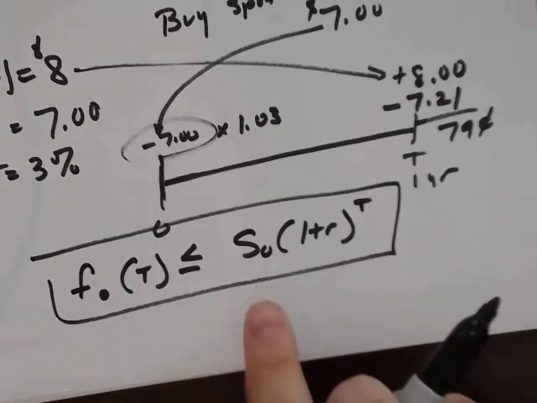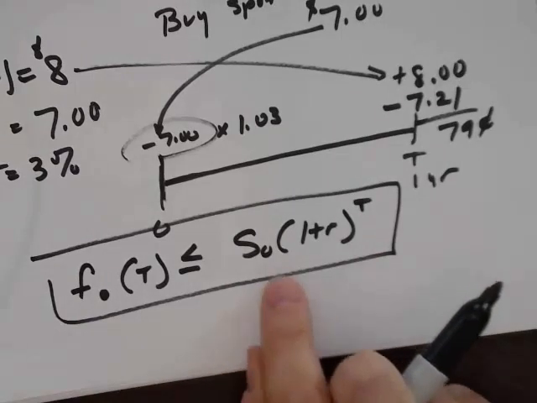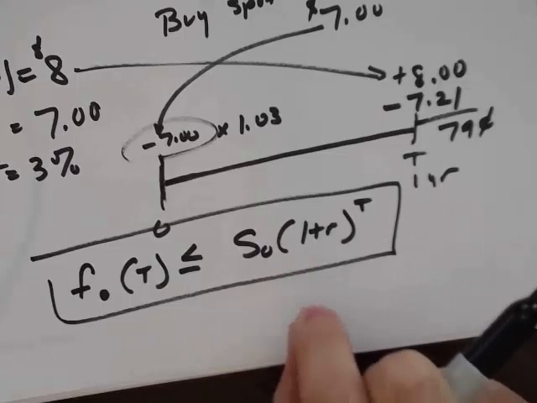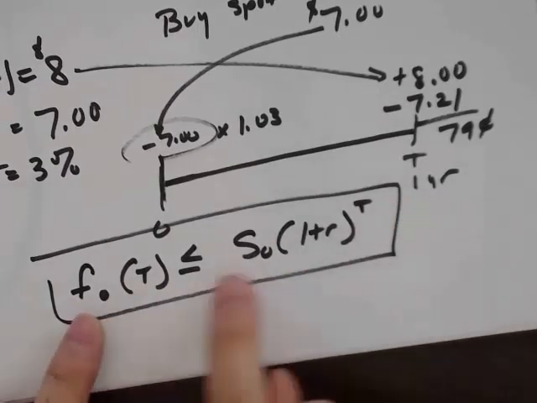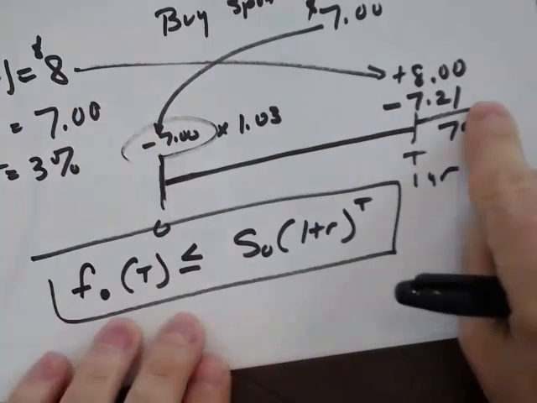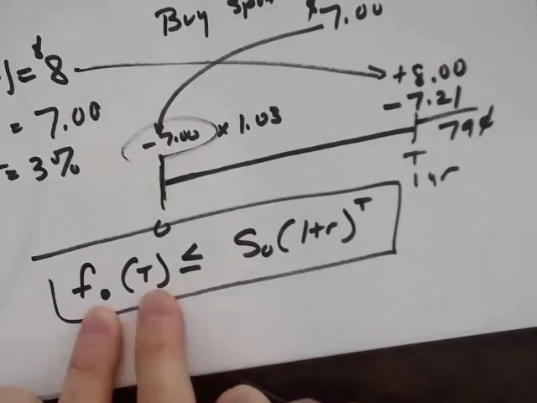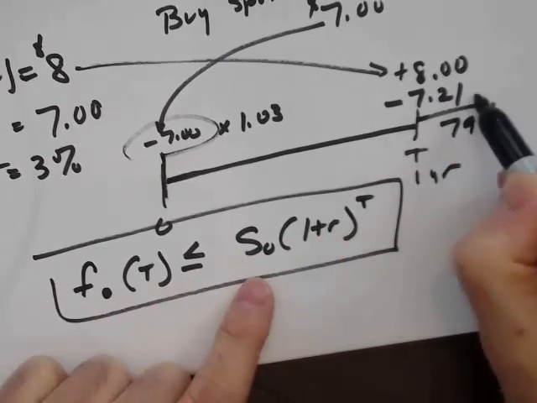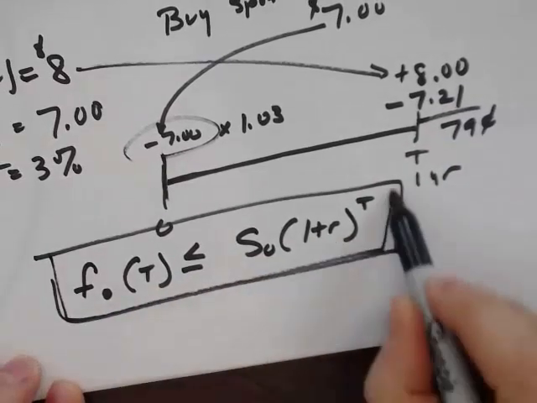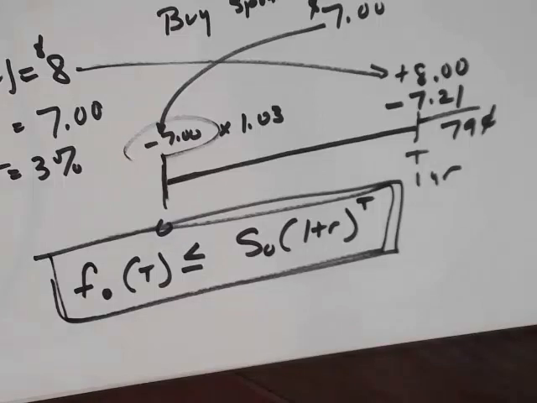To prevent cash and carry profits, the futures price must be at or below the cost of carrying the item from buying it in the spot and carrying it over the 1 year. So the futures price has to be at $7.21 or less to prevent this cash and carry from being profitable. That establishes an upper bound.